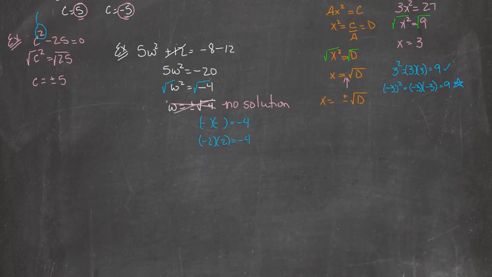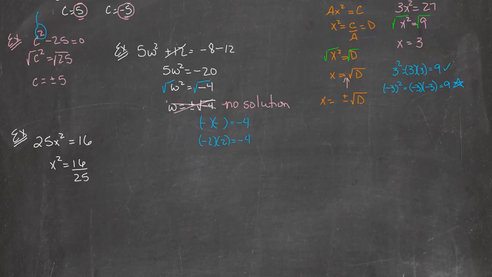All right, I think one more example will probably do the trick. 25x squared equals 16. Okay, so first thing I want to do is just start solving. I want to get the variable by itself. So that means I have to divide through by 25. So I get x squared equals 16 divided by 25. Okay, that works.